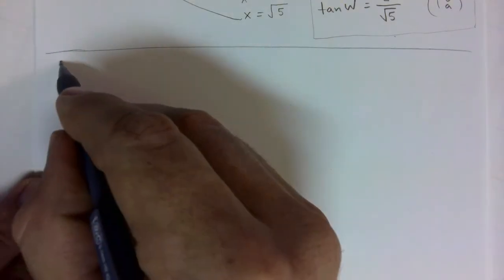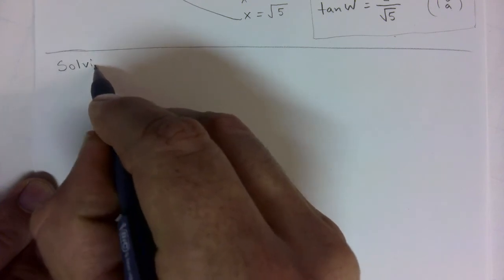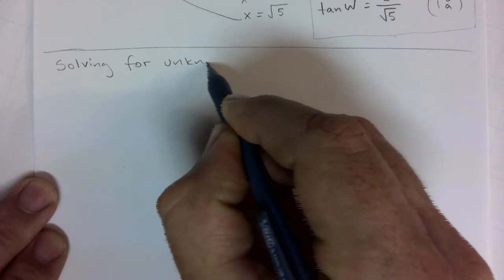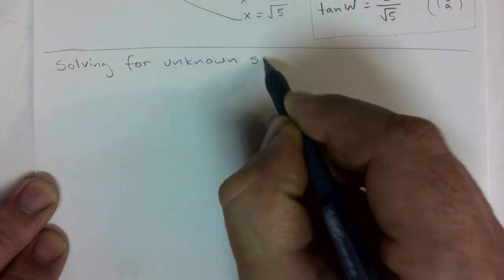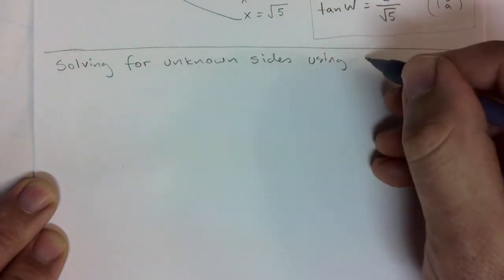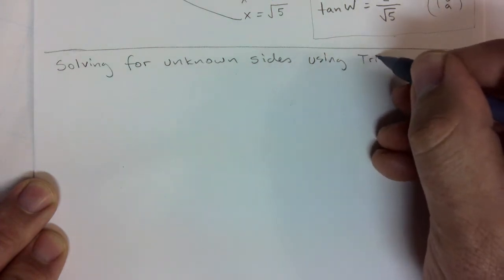Okay, so solving for unknown sides using trig ratios.